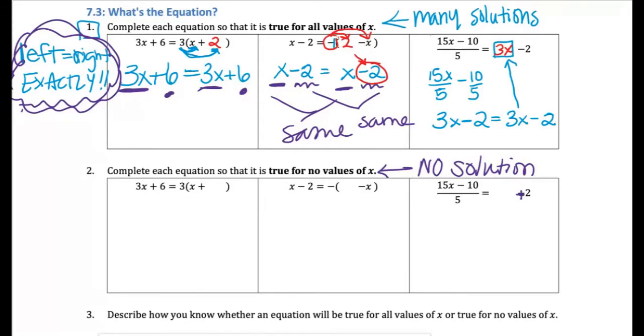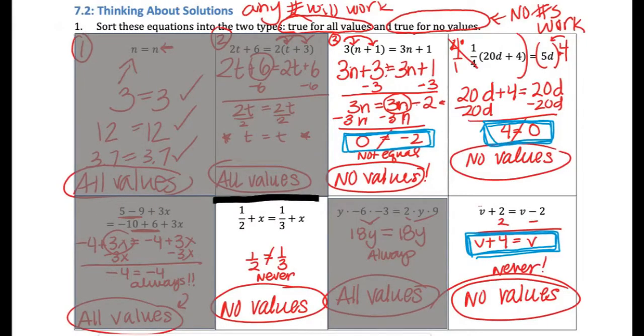Now, with no solutions, if we look back at our notes, I'm going to highlight again where the simplified parts are. If we look, our variables are the same, but our constants are different. And it isn't just that we have n's on both sides, we have 3 n's on both sides. And if we have 3 n's on both sides, they're going to cancel each other out.